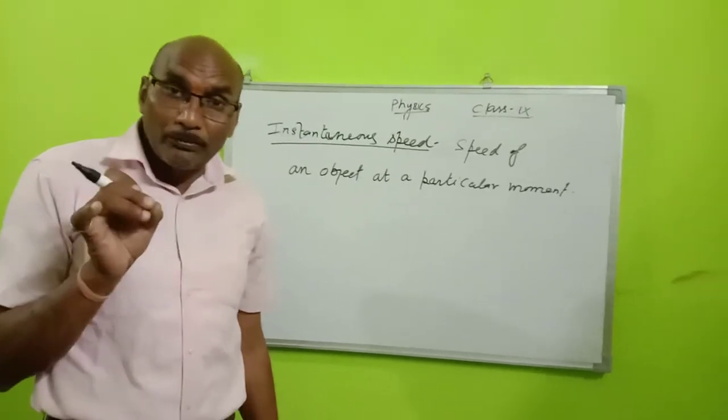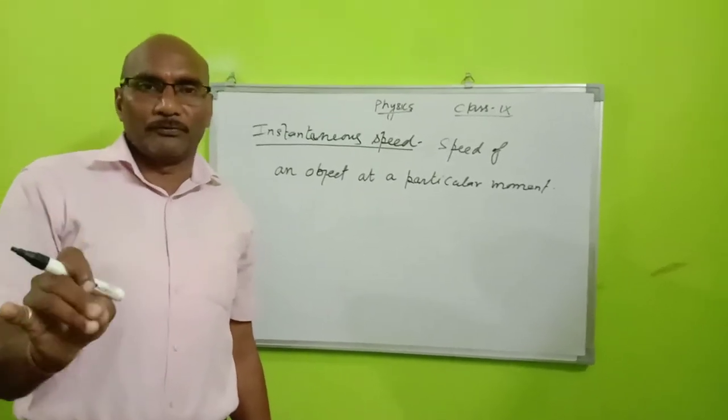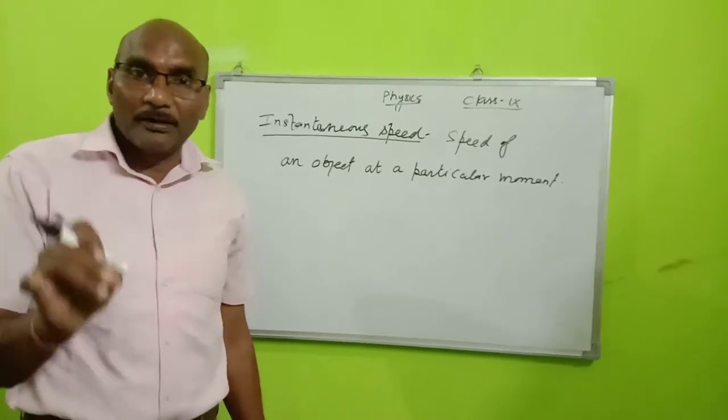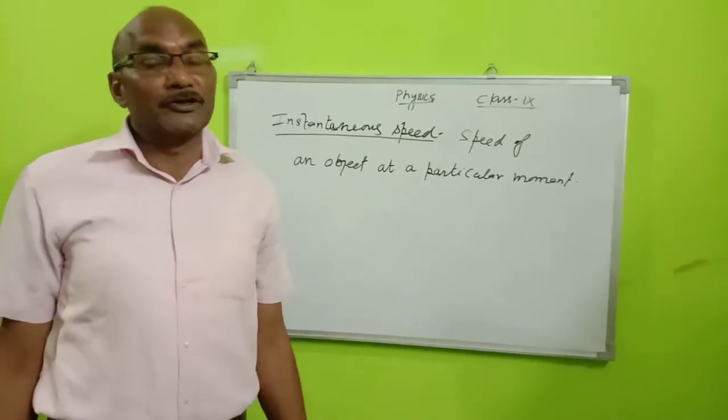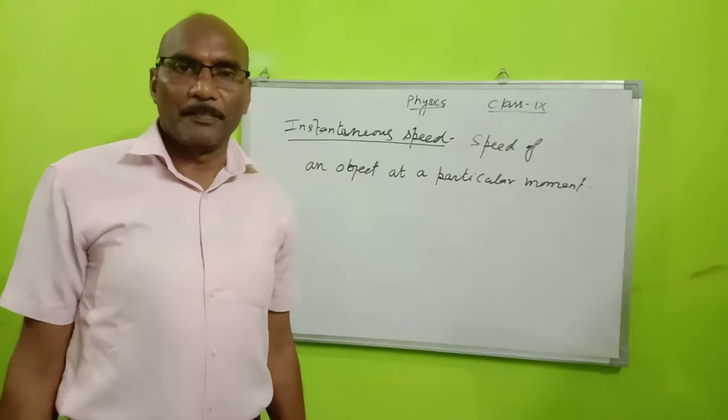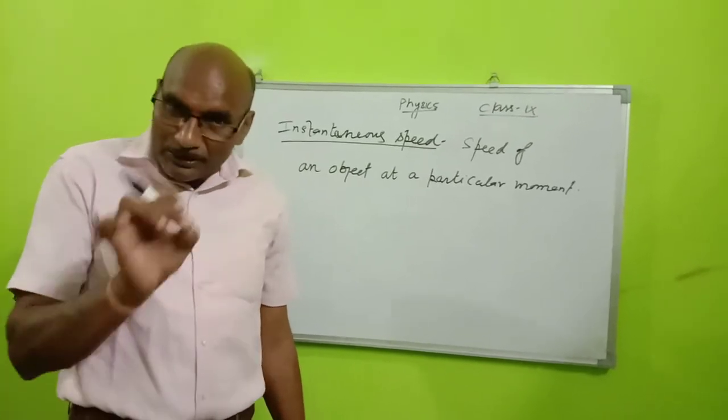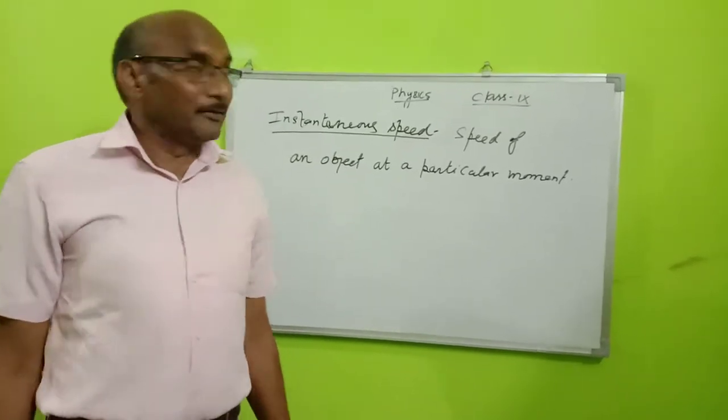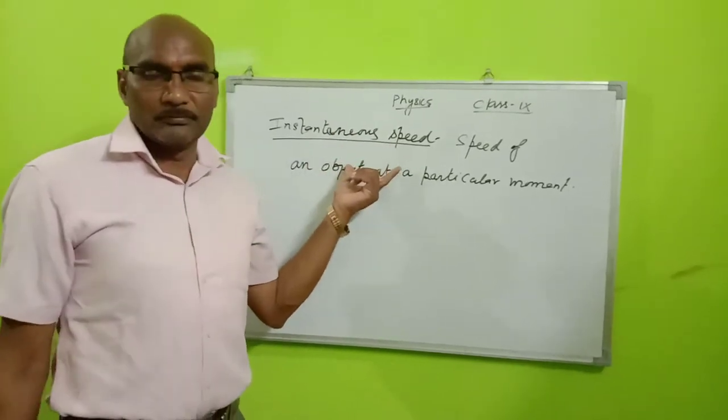So we were analyzing the speed of that vehicle at that particular moment when the accident occurred. The speed analyzed at that particular moment was the instantaneous speed.